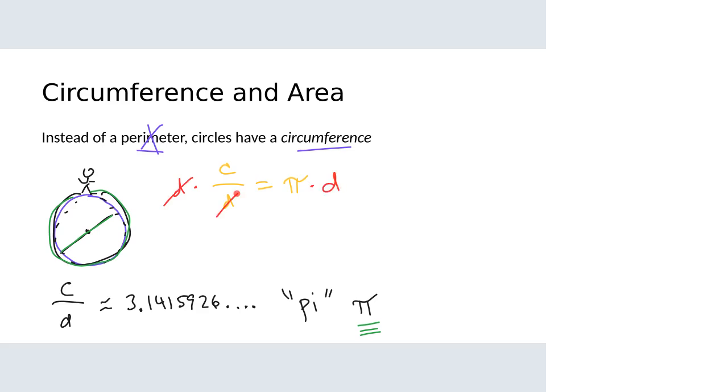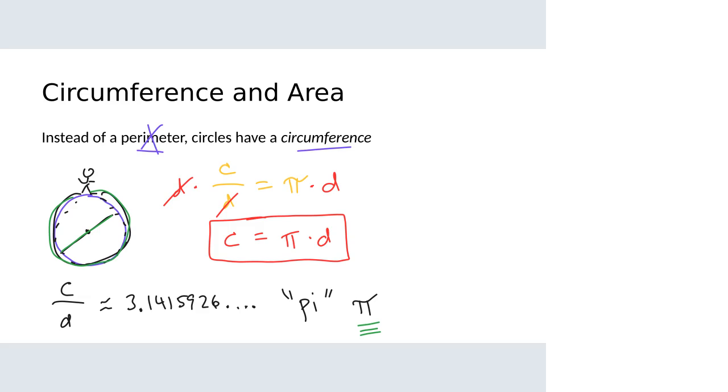Those will cancel. And now we've got C by itself, and that's pi times d. And that's going to be our formula for the circumference of a circle. Pi multiplied by the diameter.